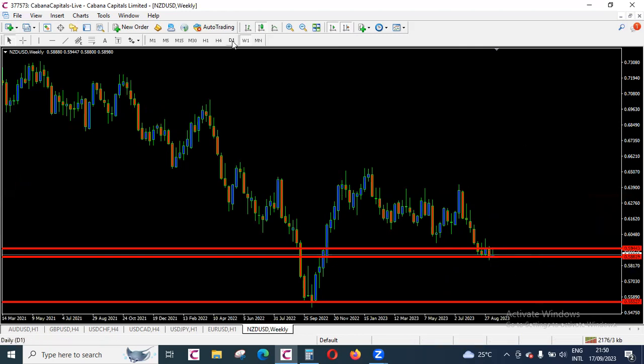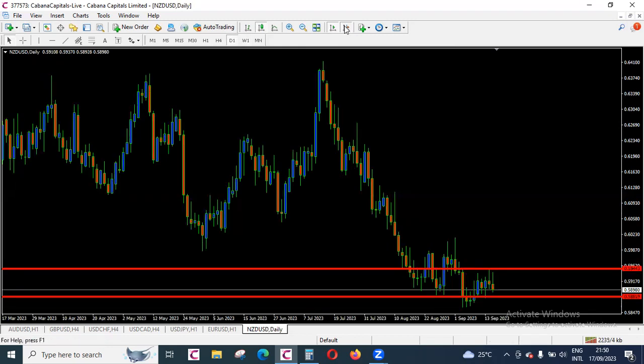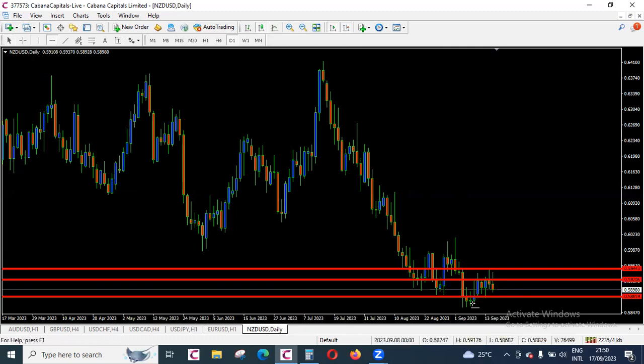Let's see what we have on daily. We had a resistance here on daily. We had supports. So it's either price breaks out from this support or breaks out from this resistance.